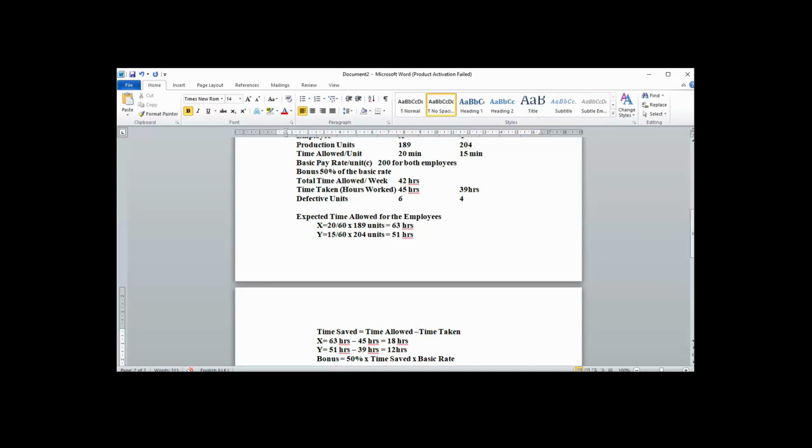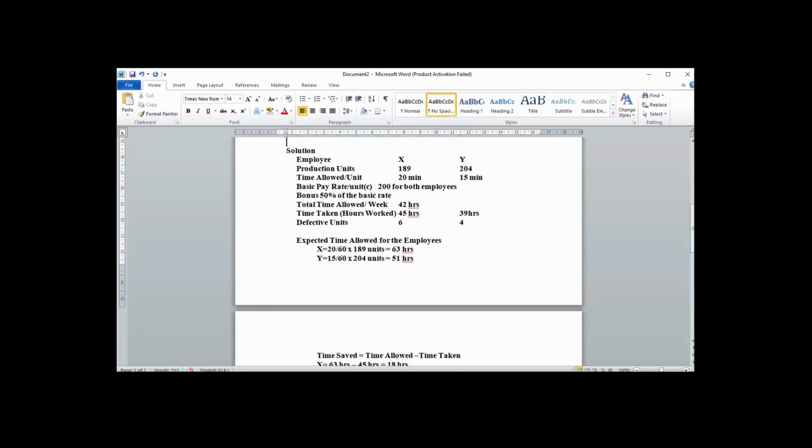So, sir, let me just get this right. This time saved equals time allowed minus time taken, from this table we brought out, where we have total time allowed. I just want to be clear. Why are we not taking that total time allowed per week? Why is it that it's the expected time allowed that we are using? That was the same question I asked initially, sir.